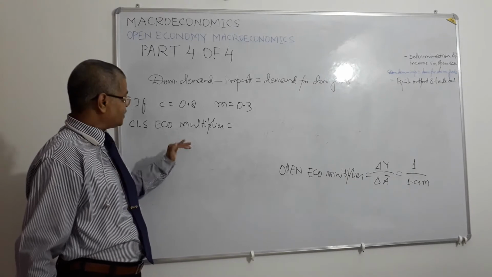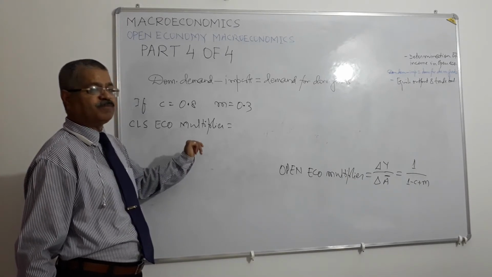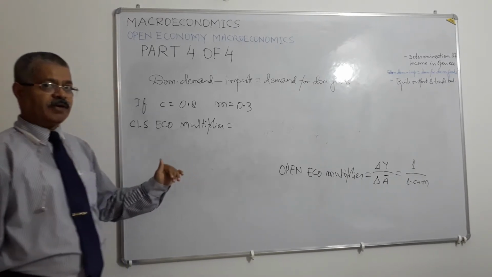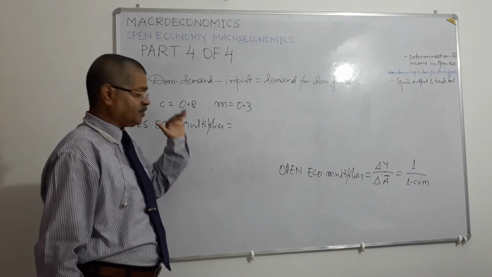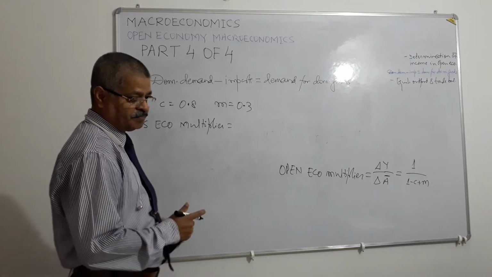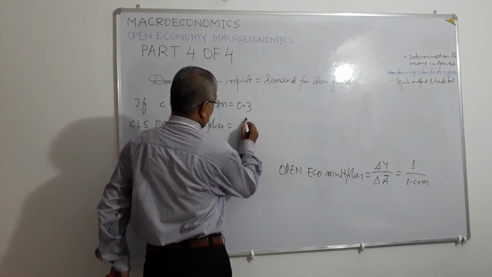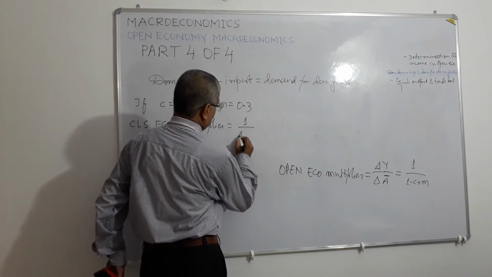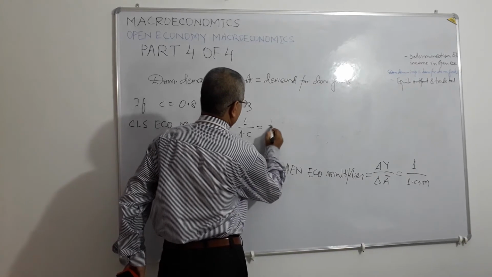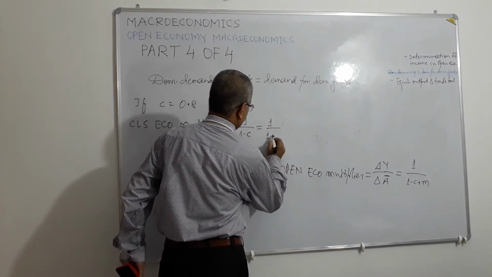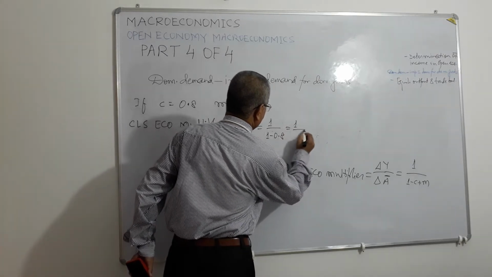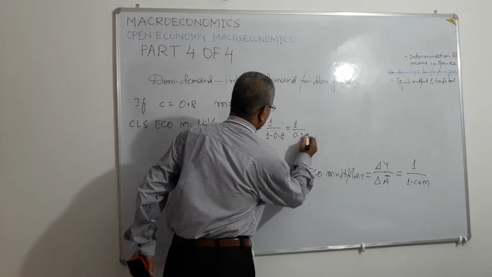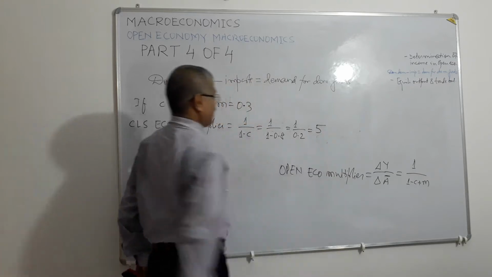We have already discussed, the element of exports and imports will not be here. Here we will find C plus I plus G, consumption expenditure, investment expenditure, government expenditure, right? It will be 1 upon 1 minus C is equal to 1 upon 1 minus 0.8 is equal to 1 upon 0.2 is equal to 5.